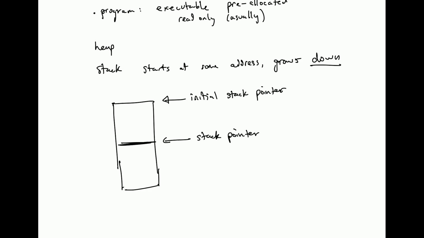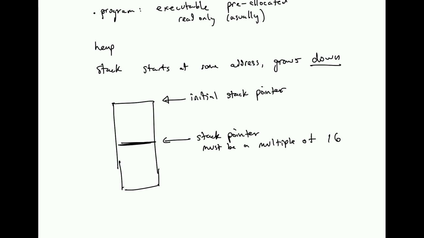Now the other thing, and this is specific to the ARM architecture, is the stack pointer always must be a multiple of 16. So in hex, its final hex digit is always a 0.